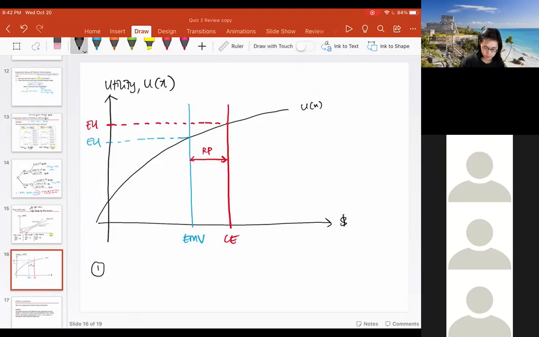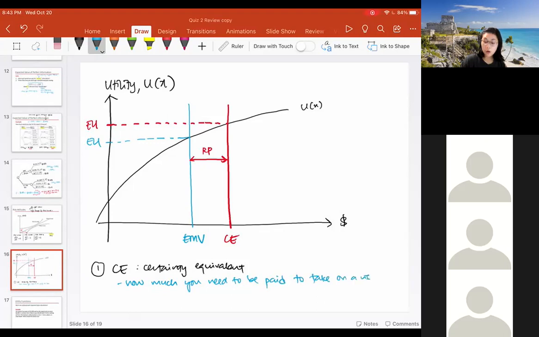One, CE, certainty equivalent, right? The amount of money you need to be paid to take on a risk. Or vice versa, how much you would want to pay to take that risk.